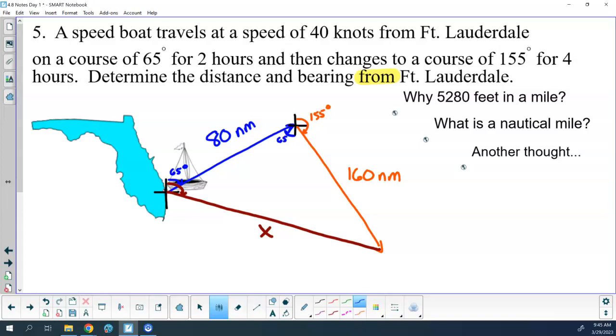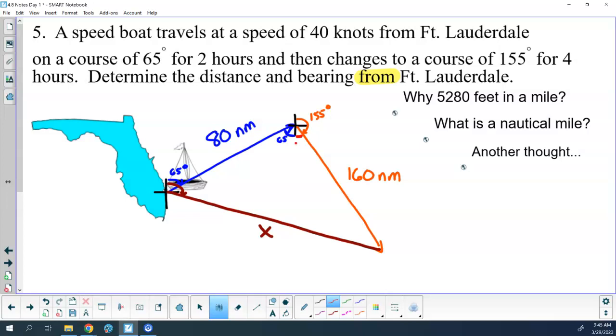We know that if this angle here is 155 degrees, then this angle here, this little teeny tiny angle in here, is how much? 25?